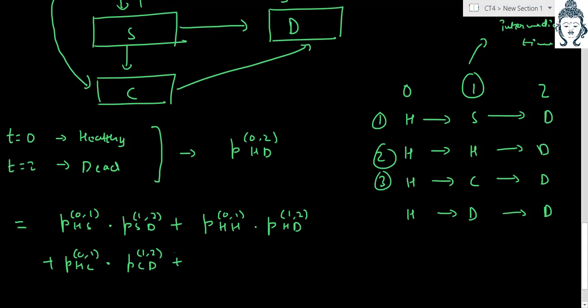And the next possibility is that he gets from healthy to dead in 1 year, and then he stays dead in the next year. Probability that he stays from dead to dead in the next year, that is from time 1 to time 2.